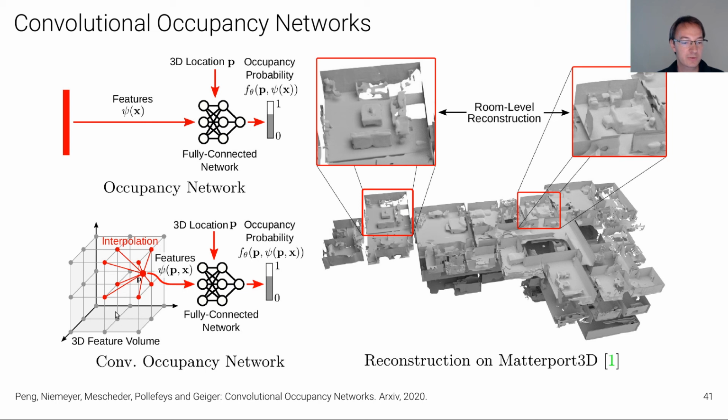So we have first 3D convolutions to generate a 3D feature volume. Here the dots are the centers of the voxels. And then for a 3D point, we query the features using interpolation. And this leads to models that can reconstruct even very large spaces very well.